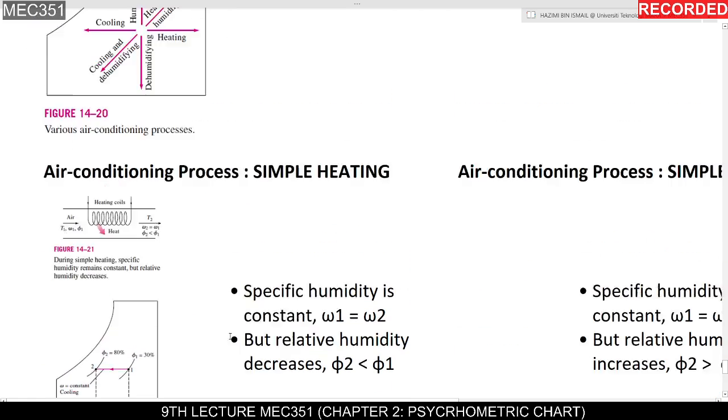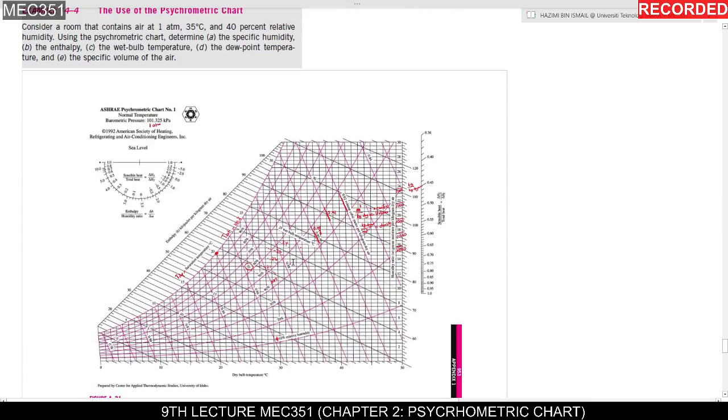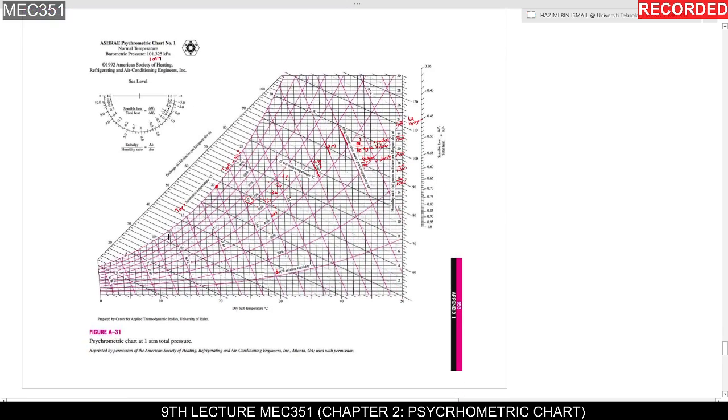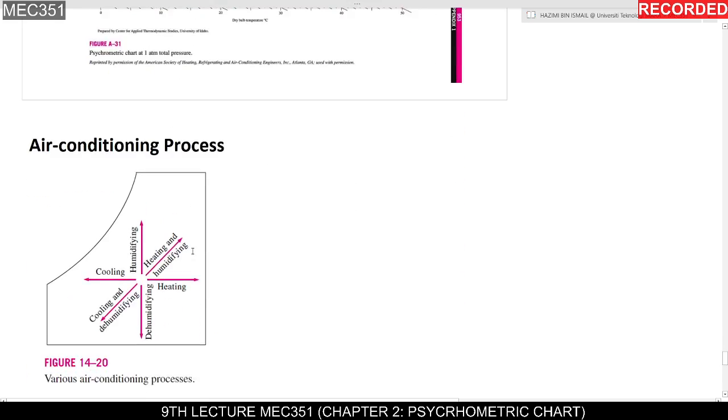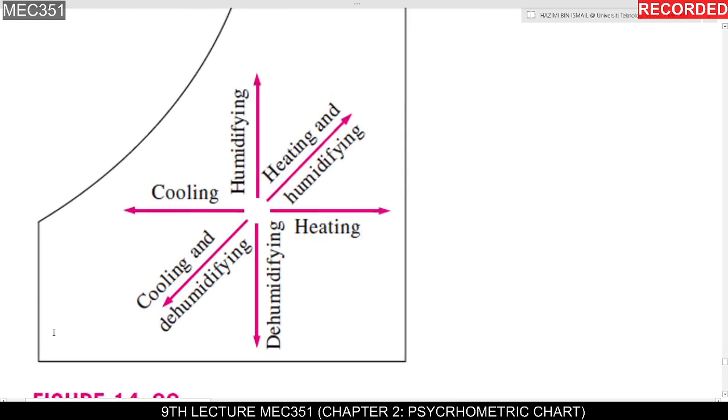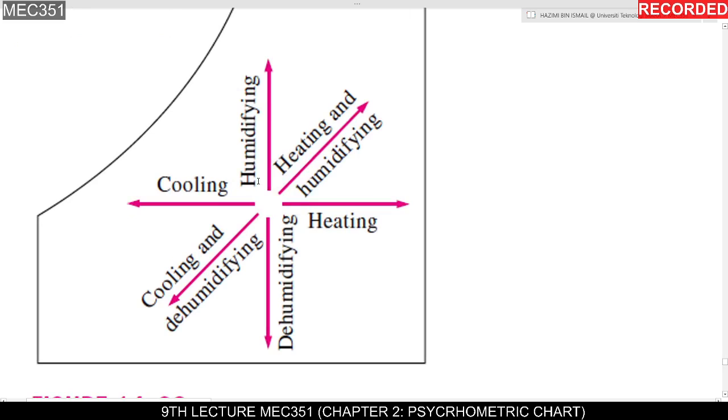Let me go to the fundamental part first. What is the importance or function of the psychrometric chart in our air conditioning applications? As we know, to get thermal comfort, you have to manipulate the heating, cooling, humidifying, and also dehumidifying, because thermal comfort is very strongly affected by temperature and also humidity.